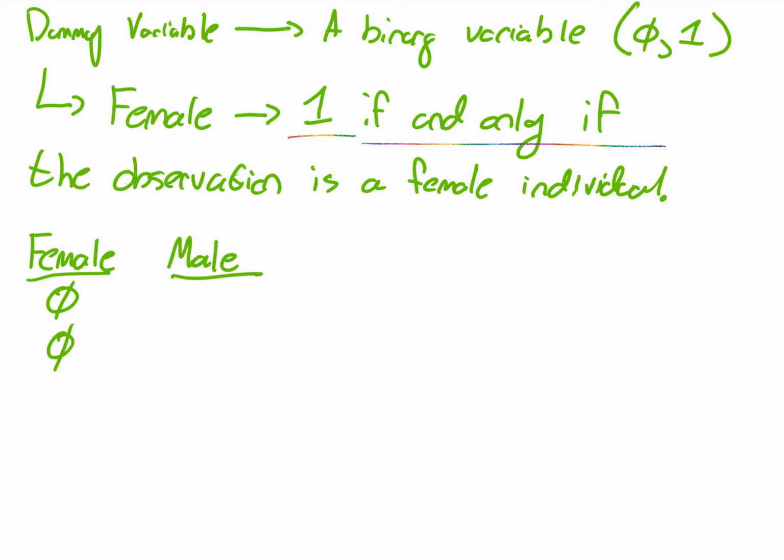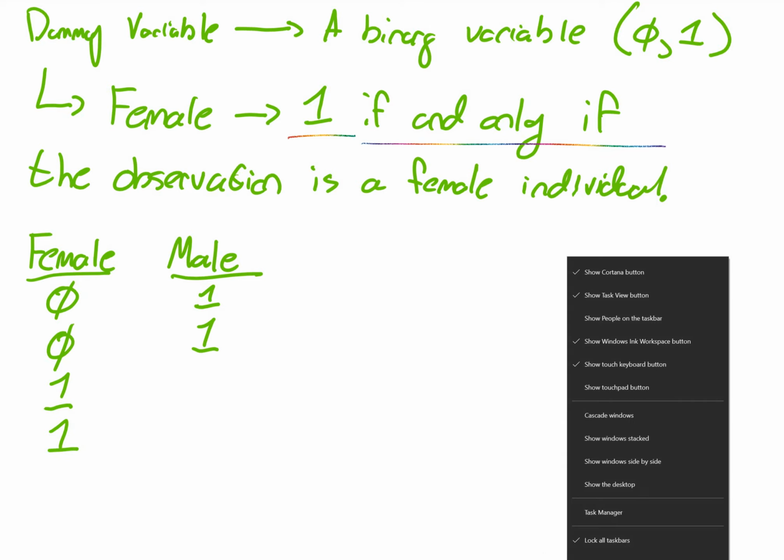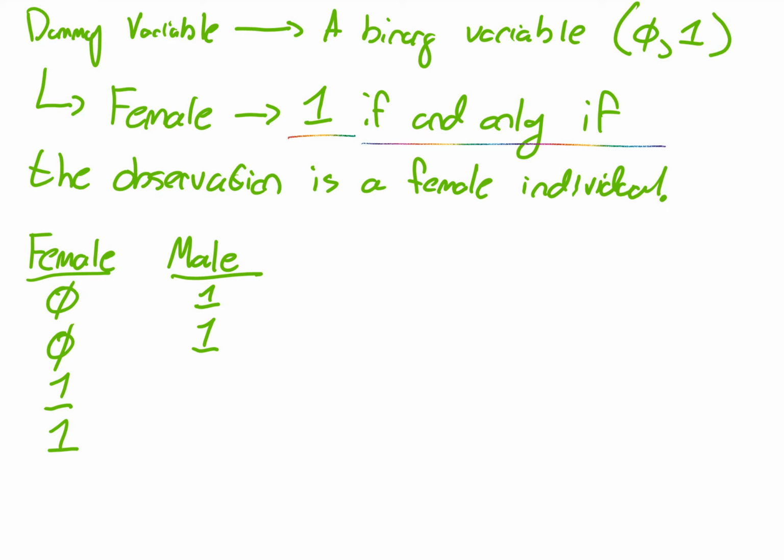In this case they're not, so they're going to be 0. For male, they're going to be 1 because they are male. The next two observations, let's say that they are female, and so they're going to get 1. If they're female, that means they're not male, and so male is going to get 0.